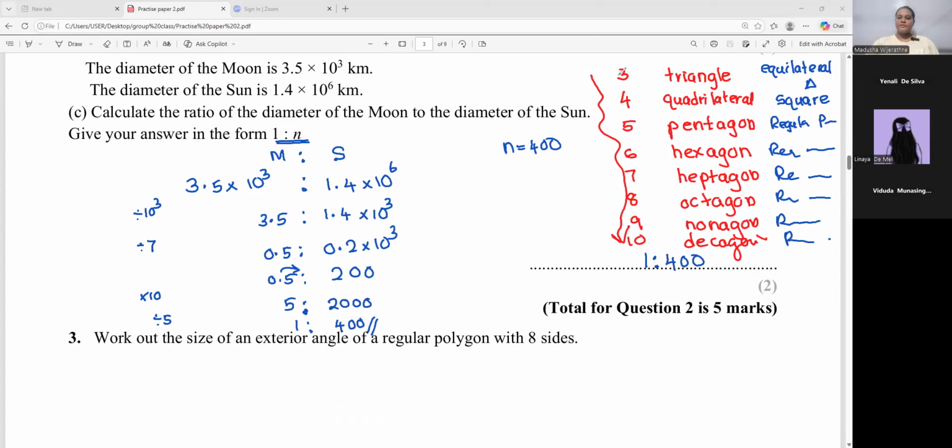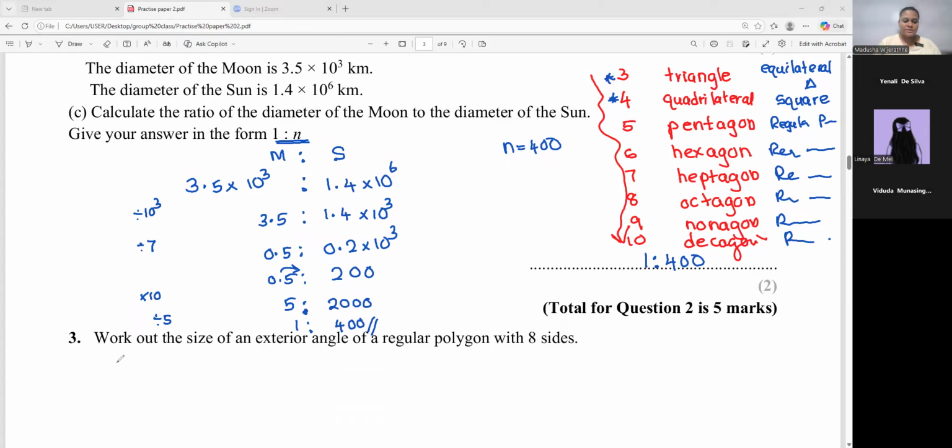Only for triangle and quadrilateral do we use special terms: equilateral triangle and square. For all the others, we add the word regular to the name. So you should know the meaning of regular. Regular means all interior angles the same, exterior angles the same, sides also the same.